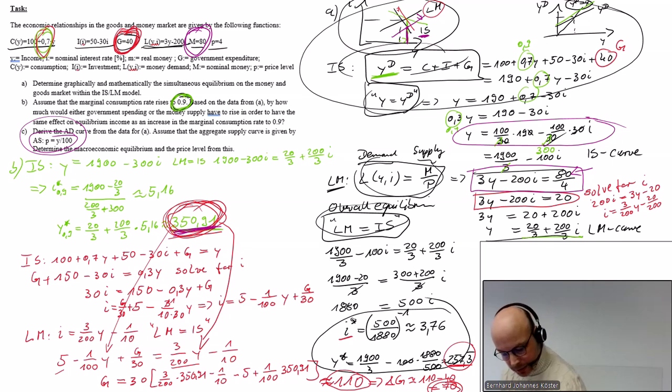So here we have to insert for this 80 variable the nominal monetary aggregate. So then, monetary policy.